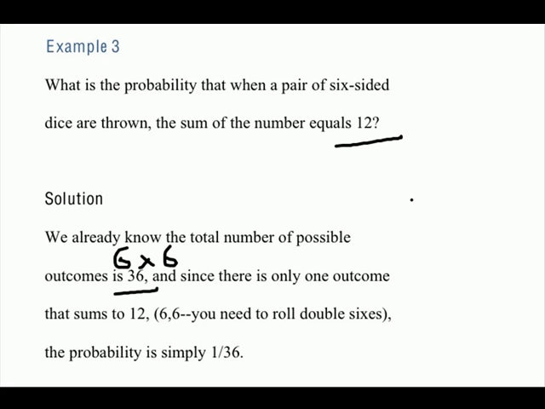And since there is only one outcome that sums to 12, which is 6 by 6, I can't think of any other way in which you'll get a 12 when you roll 2 dice. So the probability simply becomes 1, because there's only one way in which you get the favorable outcome, divided by 36, which is the total number of ways in which you can get any outcome. So the probability in this case is simply 1 by 36.